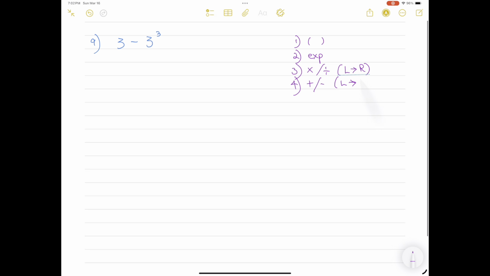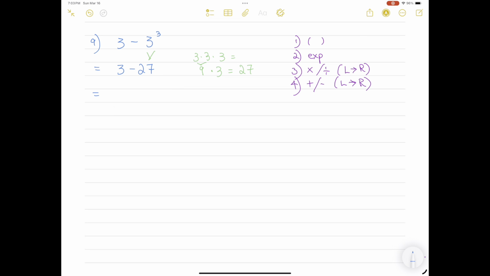So I look at my problem and I don't have a parenthesis, but I do have an exponent, which must be solved first. 3 to the third power is 3 times 3 times 3. It simplifies to 9 times 3, which equals 27. I write 27 on the line below the problem and bring down the rest of the problem.